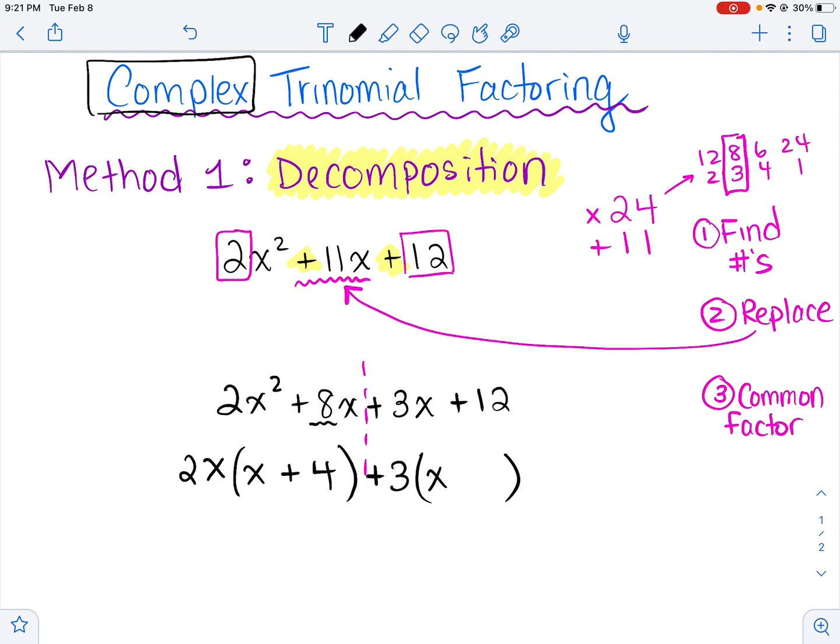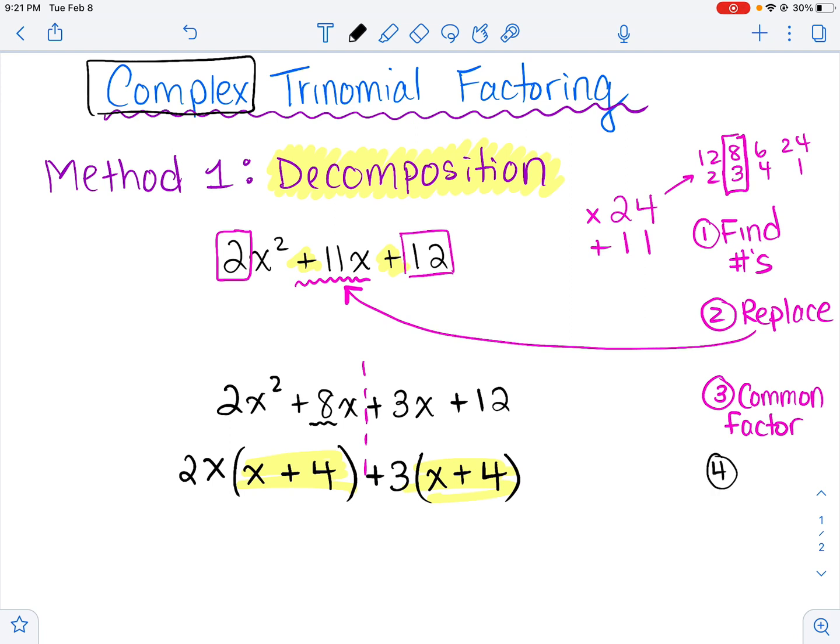I just have an x. Then 12 divided by 3 leaves me with a 4, and that's positive. Okay, here's the key. These two things in the brackets have to be identical, or else you've done something wrong. If they're not the same, start over. But mine are the same, so I'm good.